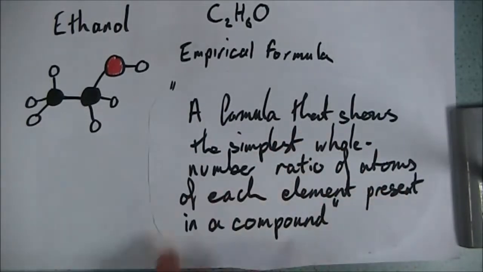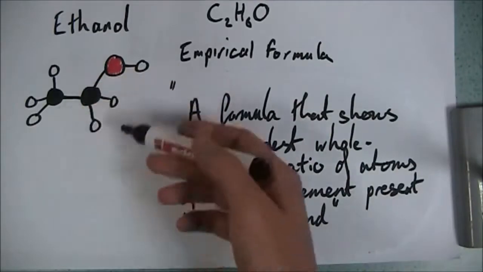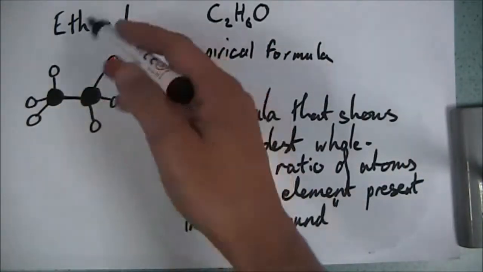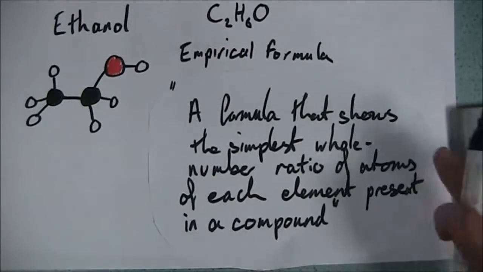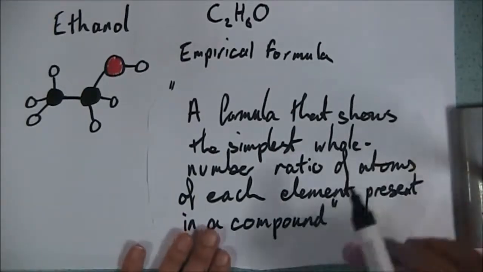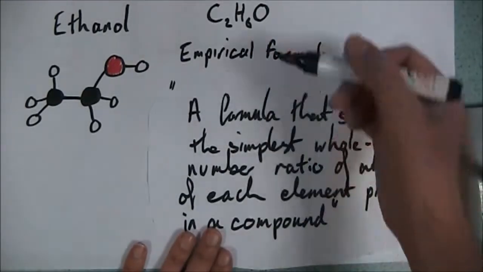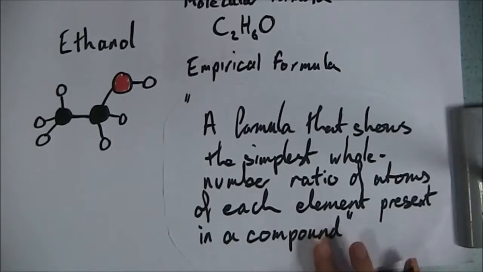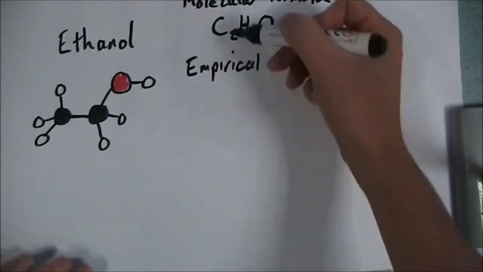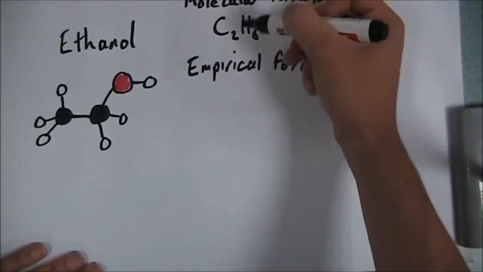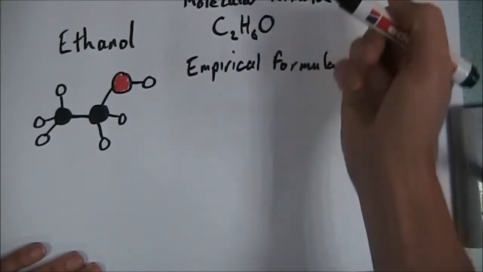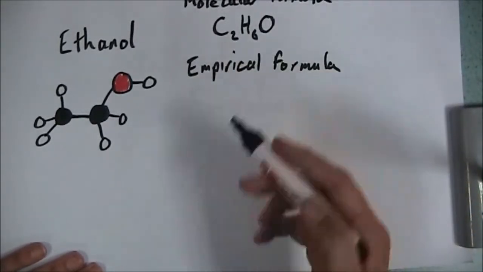So what we're going to do to work that out is we're going to look at either our picture or our 3D image, or we can look at any other type of formula that we've got, and we can go, right, okay, well, what's the simplest ratio that we have? And here, in this case, we can see that actually, if we take C2H6O, we can't make a simpler way of putting that.